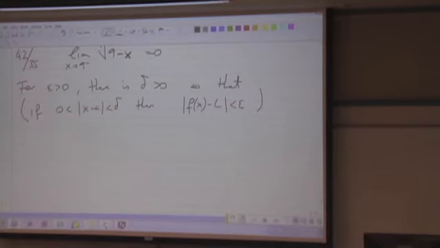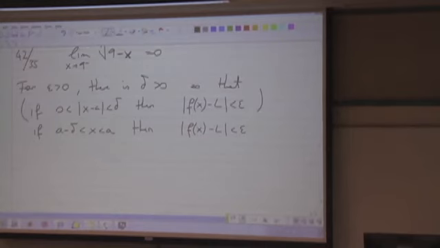Well, I will have that a minus delta is less than x is less than a. So if that happens, then the absolute value of f of x minus L is less than epsilon. Is this making sense? Yes.